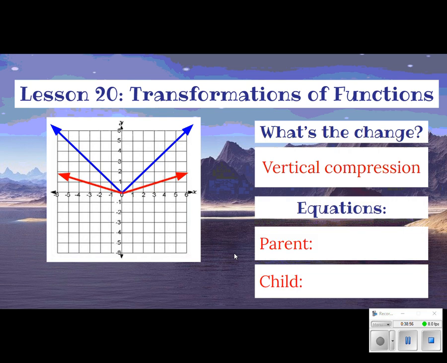All right, so my parent function is y equals the absolute value of x. And then my child function, and we'll get into how I know all of this stuff, is y equals 1/3 times the absolute value of x. So the 1/3 is out in front of my absolute value. 1/3 is between 0 and 1, so that makes it a compression.